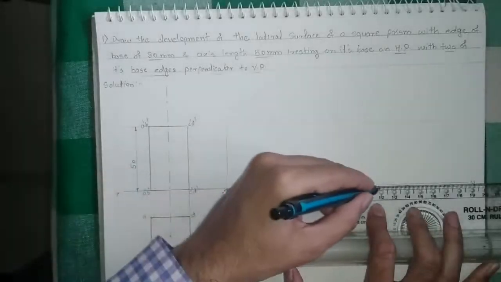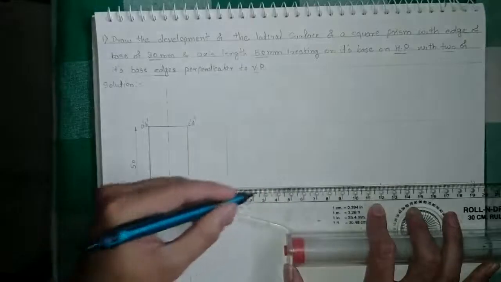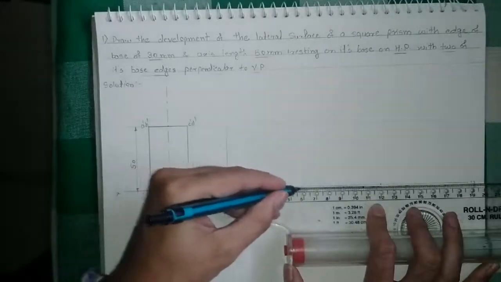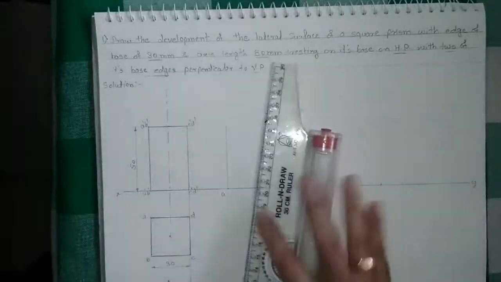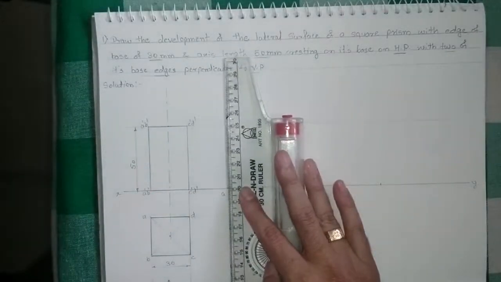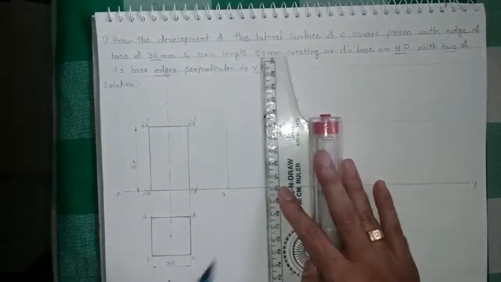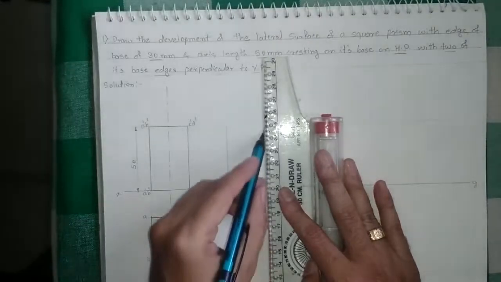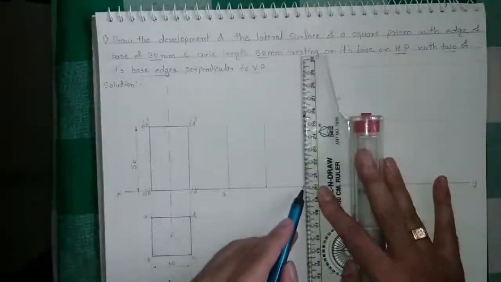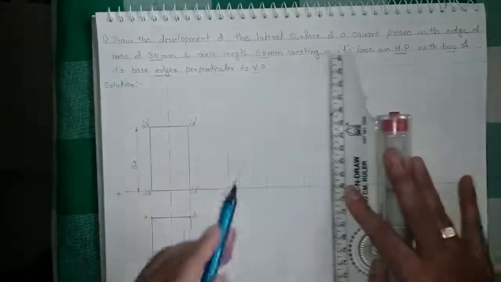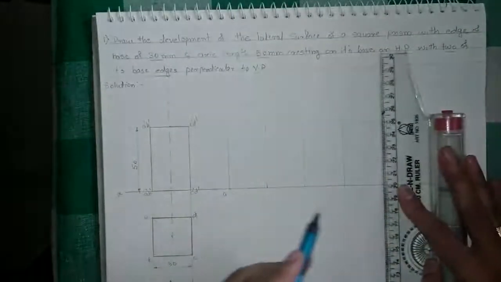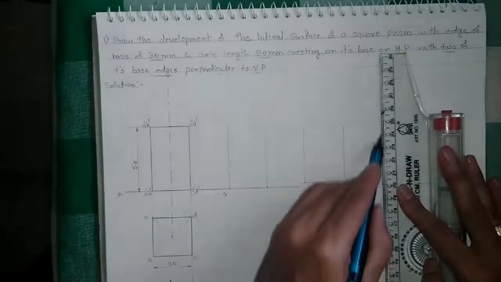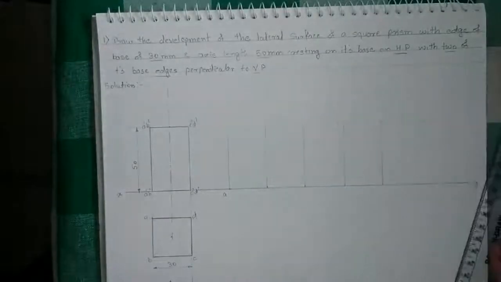Mark 30 mm points and draw vertical lines from them.